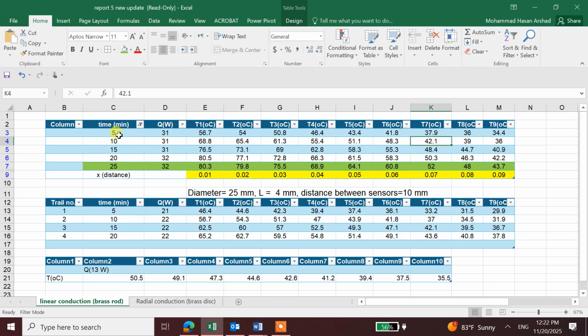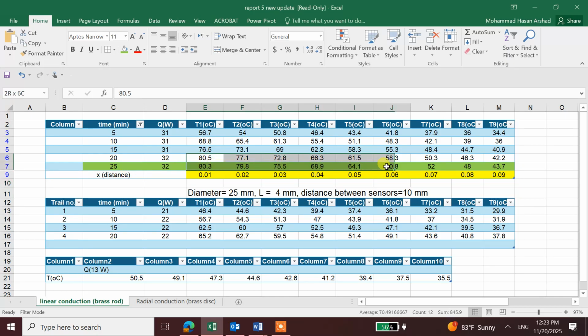You can see T1 is 56 at 5 minutes, at 10 minutes it goes to 68, at 15 minutes it goes to 75, at 20 it is 80.5 and at 25 it is 80. So they are close. These values are close, which means that they are reaching steady state. With time, we are just trying to see how the steady state will be built.